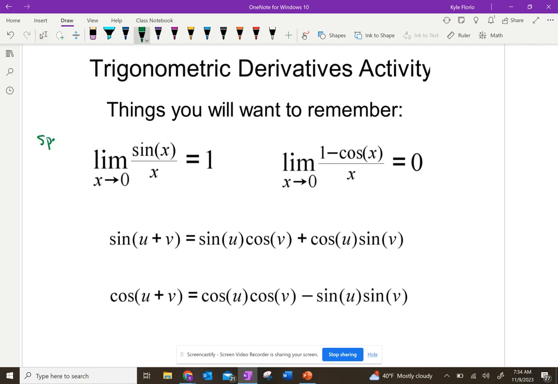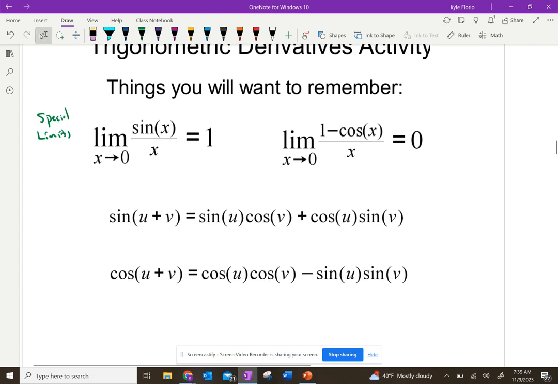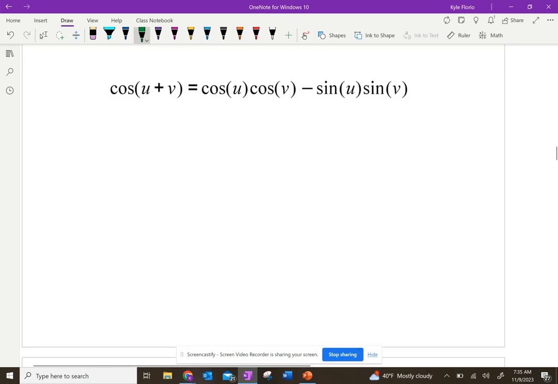The special limits are going to come up, and these are some trig identities. Both of these are going to be used, one for sine and one for cosine. So let me go back and start with sine.